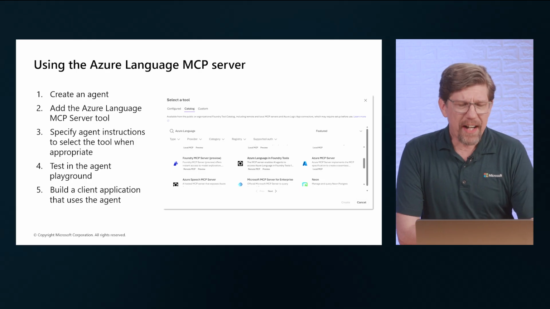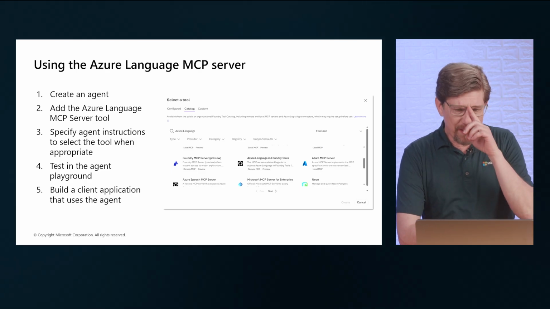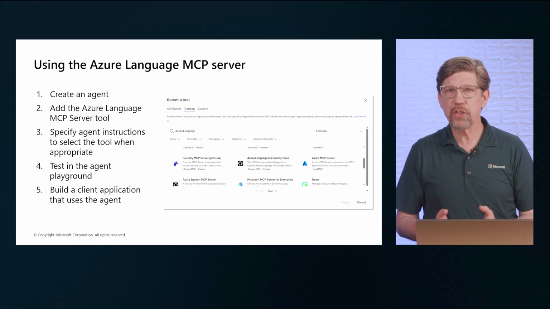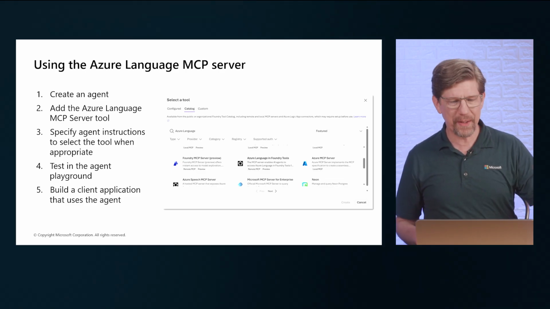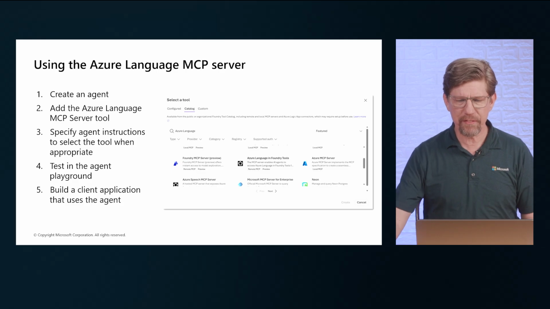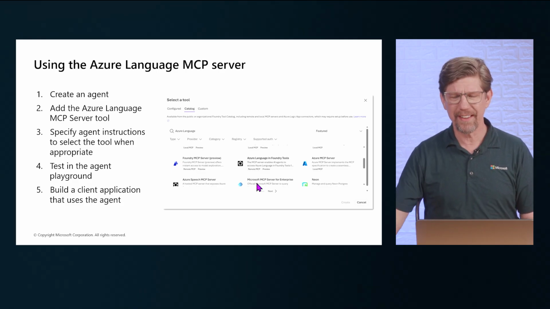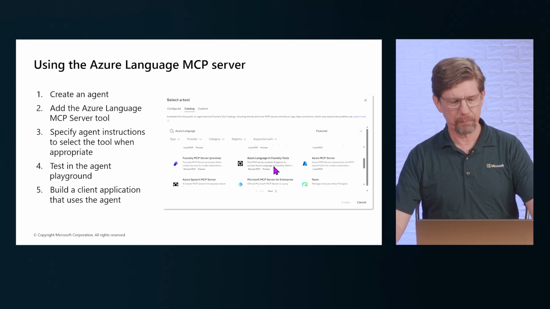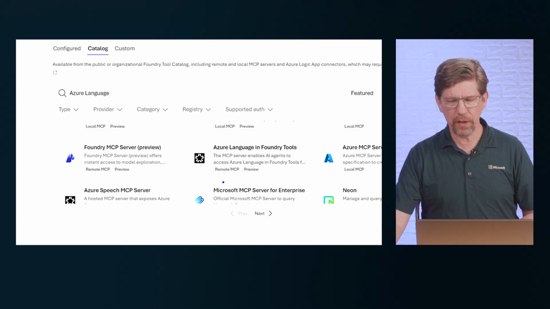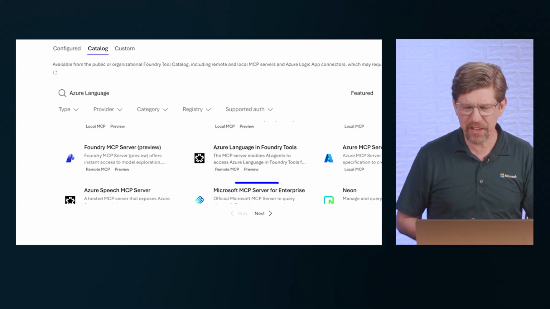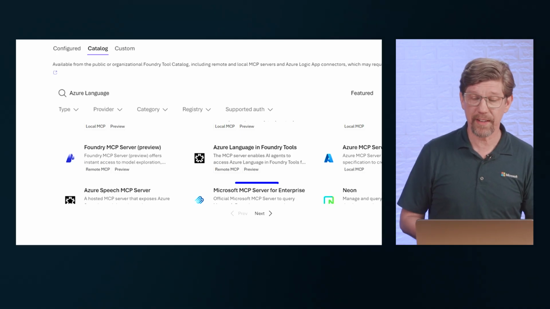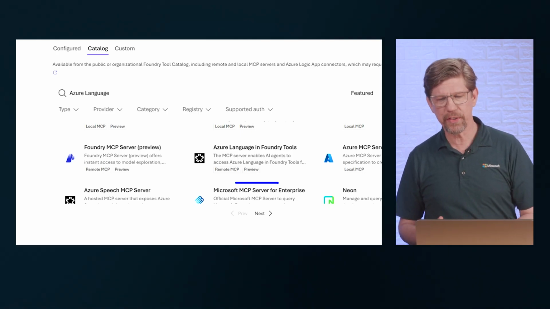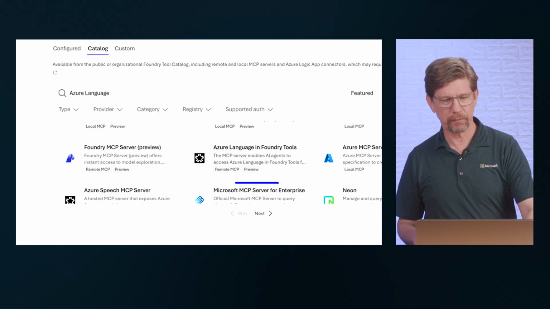Where we're going to find these is inside of the tools collection. When you're building an agent and you swing down into the tools, you're going to find a huge collection inside the catalog. The one that we're looking for in this case is the Azure Language in Foundry tools.